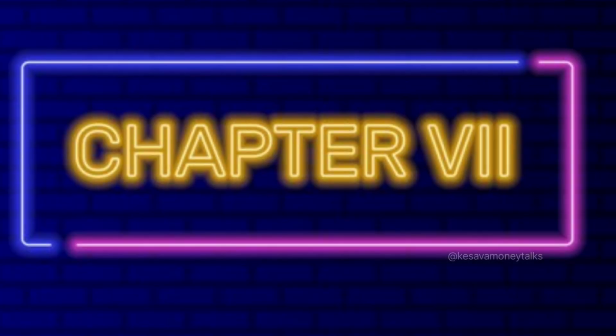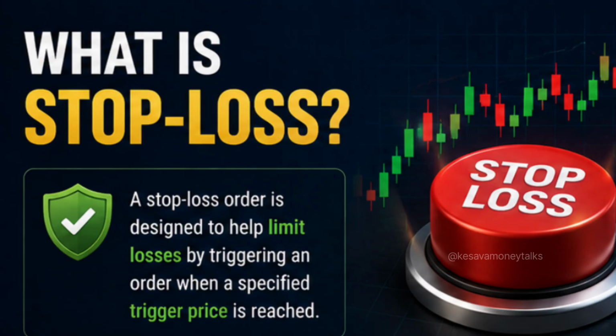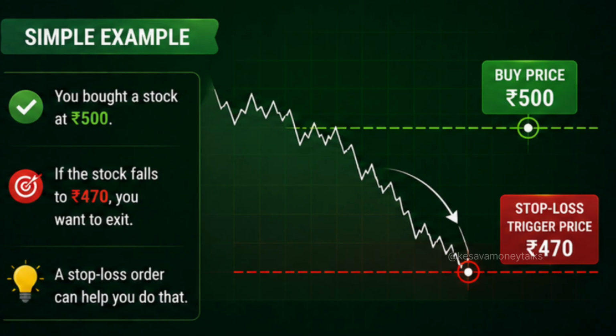And chapter 7, what is a stop loss? Now we come to one of the most important concepts, stop loss. A stop loss order is designed to help limit losses by triggering an order when a specified trigger price is reached. Let's use a simple example. Suppose you bought a stock at 500 and you don't want your loss to become too large.